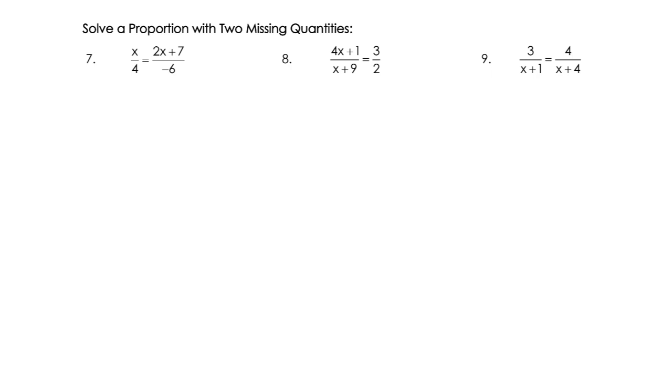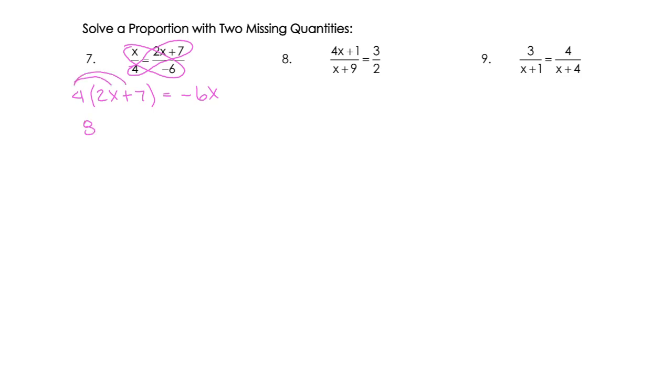Alrighty, on the back here, you'll see that we are solving a proportion with 2 missing quantities. So again, I'm going to take 4 times 2x plus 7. And I'm going to have to write that out because I have to distribute, and then equals -6 times x would just be -6x in this case.